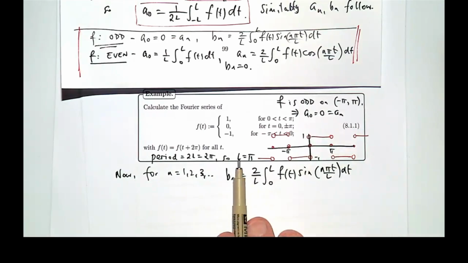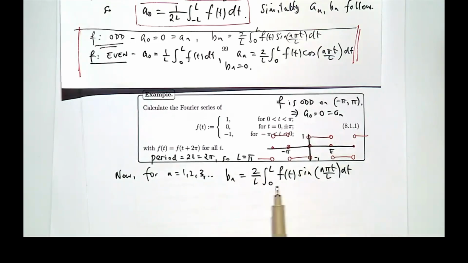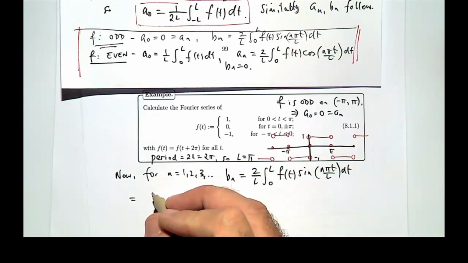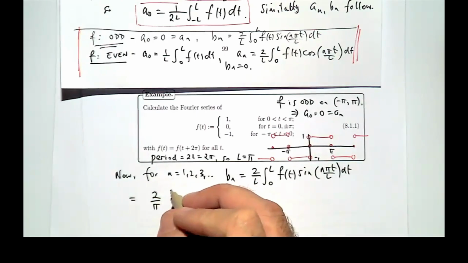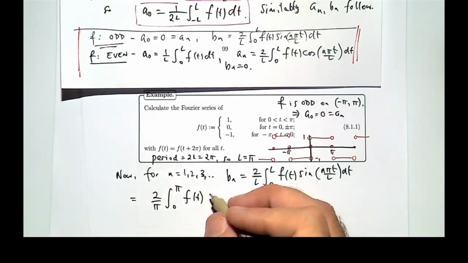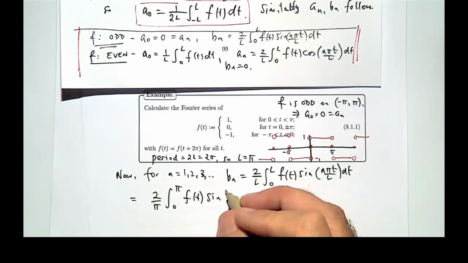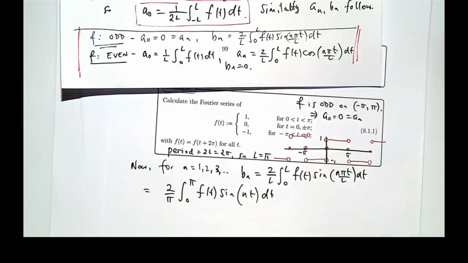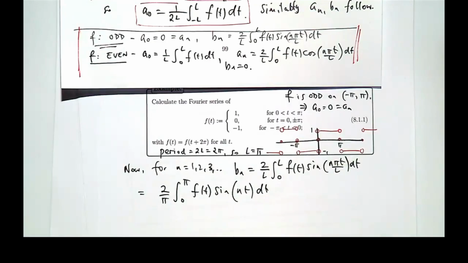Okay, in this case, L equals pi, so the L and the pi are going to cancel out, which is nice.